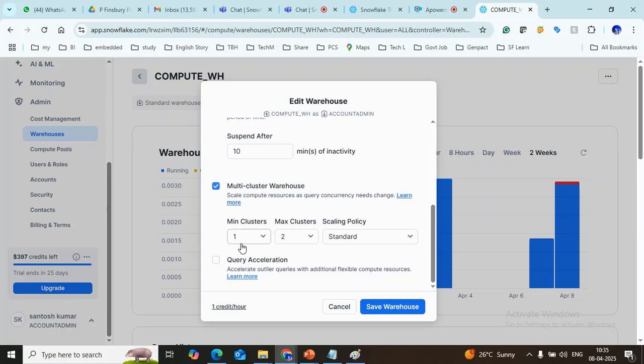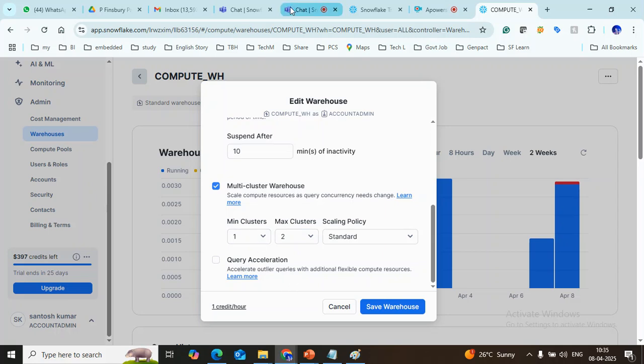Once queries get queued, it will automatically start the next cluster also. It's not that both clusters work all the time. Whenever it's required, it will start another cluster. Otherwise it will work with one cluster only, right?